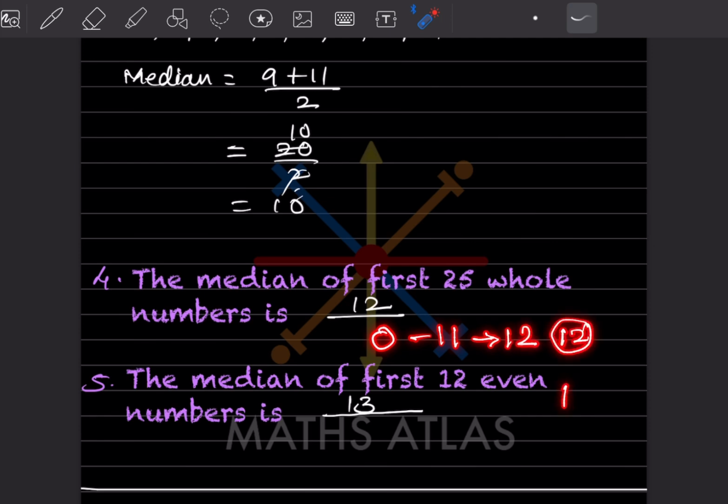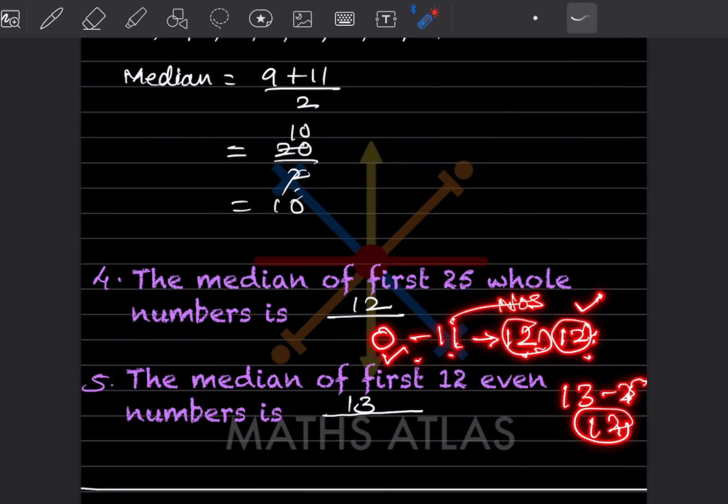Then from 13 to 25 will be again 12 numbers. So 12 numbers, 12, and 12 numbers, the total will be 25 numbers. So 0 to 11 will be 12 numbers, including 0, 1, 2, 3 and so on. After 11 comes 12, so this is going to be the median.